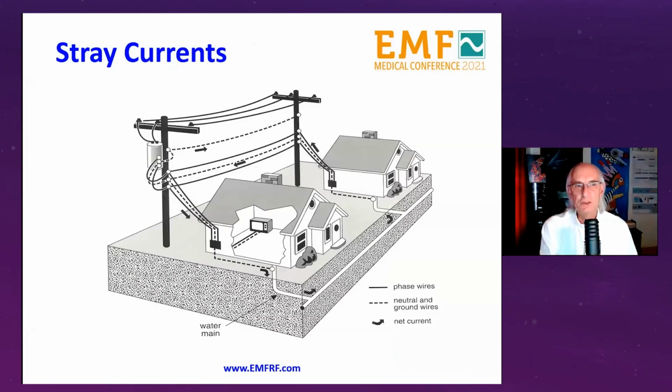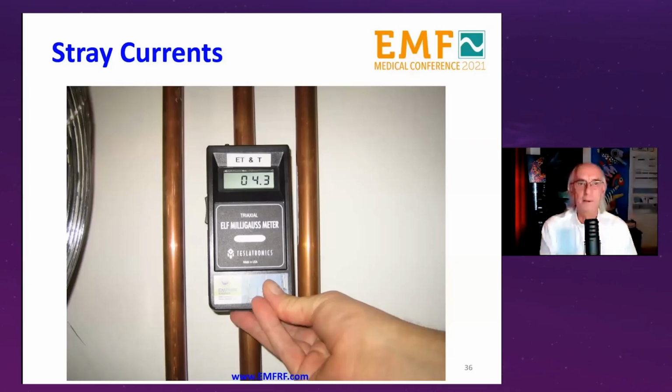All right, so stray currents, just one more time, are current flow on water pipes, on gas pipes, and drainage pipes, and where current is flowing from one building to the other. You may not be the cause, your neighbor may be the cause. So how do I find that out? Put your Gauss meter right on the plumbing pipe. And if you see an elevated level, then there's a current flowing on that pipe.